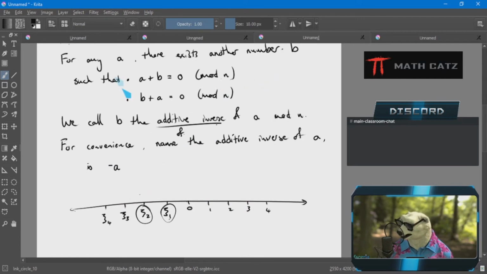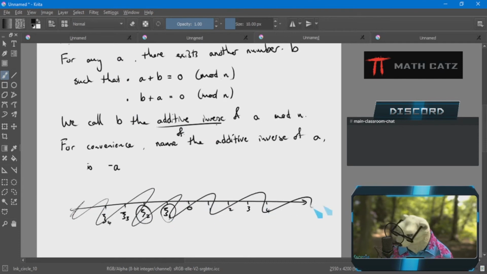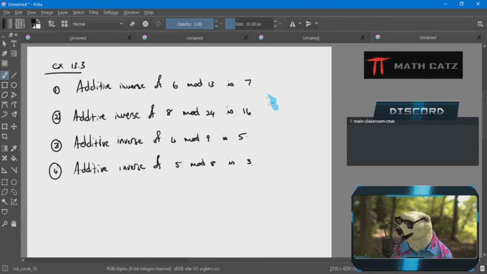So I can go, I should get rid of the number line here. I'll just do this. It's too much erasing. So I can go to my examples and say the additive inverse of 6 now has a general name that I'll call negative 6. Now to emphasize that, this is not a minus sign.